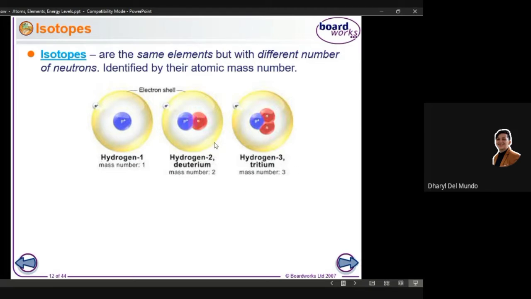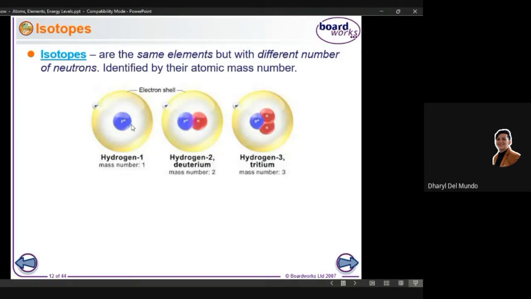So all of these are hydrogen, but they differ in their atomic mass number or atomic weight. So hydrogen 1 has a mass number of 1, hydrogen 2 has a mass number of 2, which is what we call deuterium, and hydrogen 3 has a mass number of 3, which is what we call tritium.